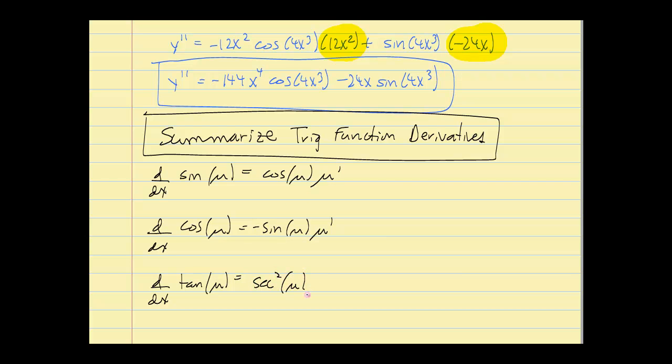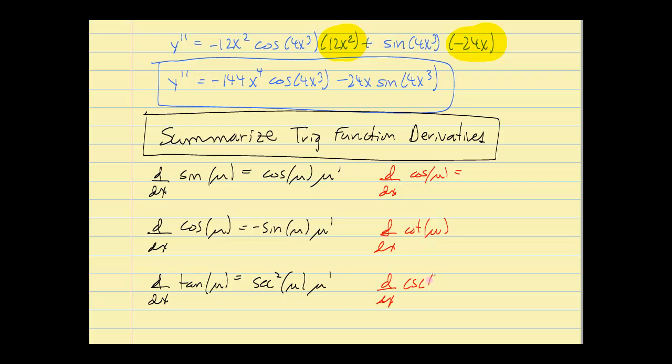Now this u prime that we keep talking about does not combine with the argument of the trig function. We can pull that out front. Notice what doesn't change. The argument doesn't change between the u in our original function and the u in the derivative. So that's something we need to look for. Let's go ahead and look at this in terms of the cosine of u, the cotangent of u, and the cosecant of u.